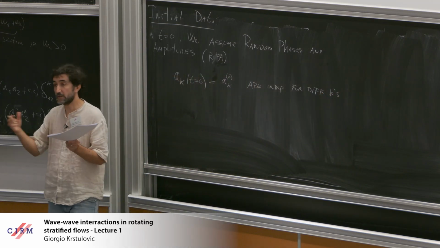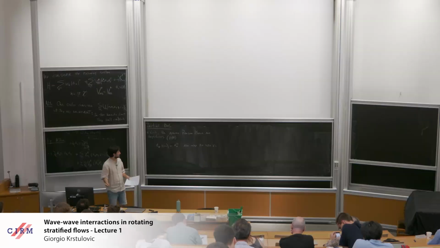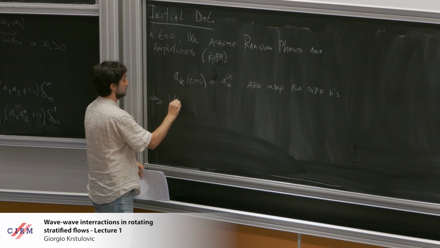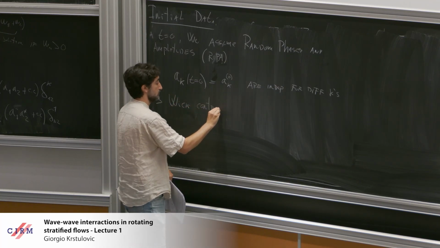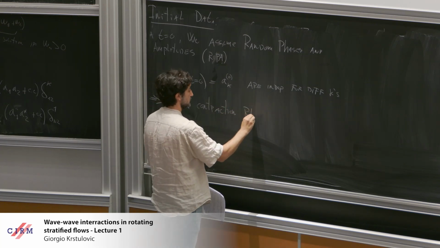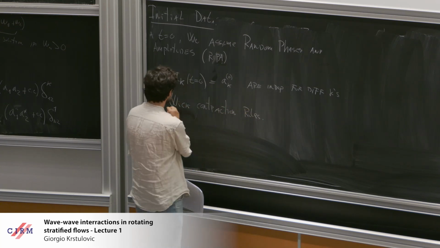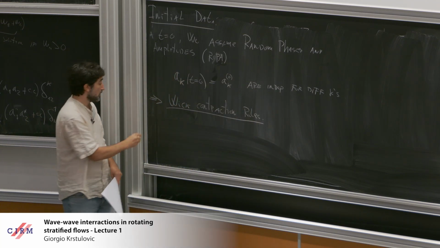If you assume that for the initial conditions, phases are random and amplitudes are random and independent, you can easily show some weak contraction rules, which are crucial to make all the statistical computation we do later. What does it mean?